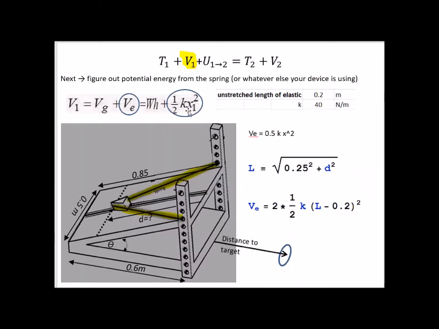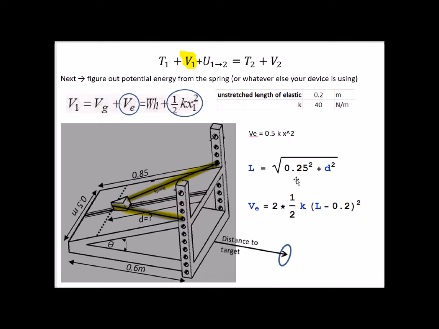So if you remember what the springs are doing, we're looking at this yellow cord and we need to figure out the length of this cord. We have a column with the length that's stretched back to d, and this is just going to be an a squared plus b squared equals c squared kind of deal. So the length of our spring is half of the width of this.